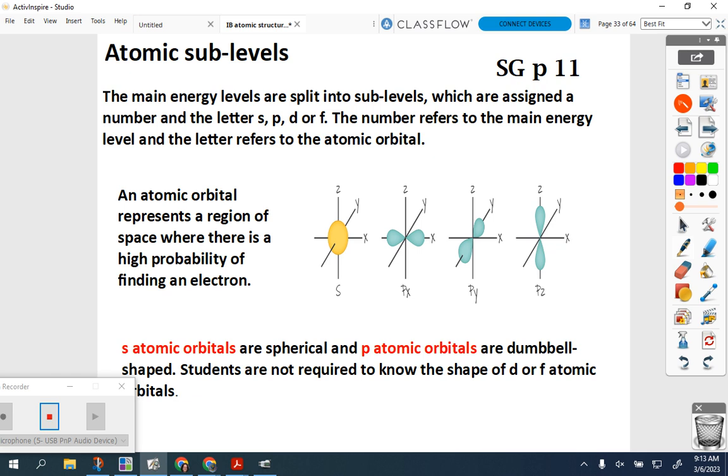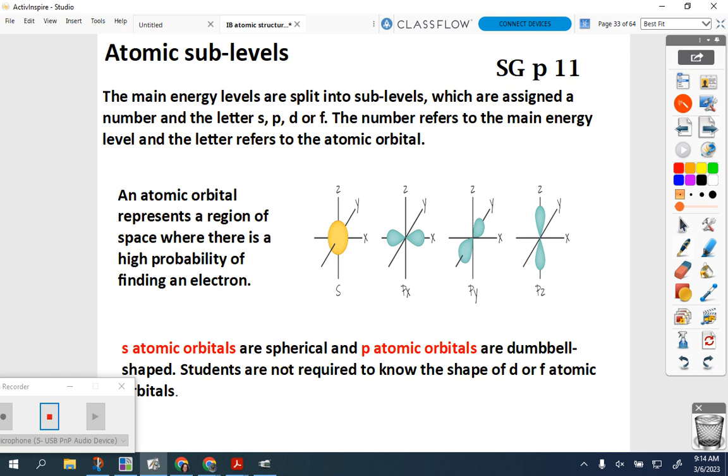The letters are S, P, D, and F, and those letters indicate something about the shape of the orbital and the position of the orbital. The S orbital is a sphere. It's the closest that the electrons in that energy level can get to the nucleus. So that's the lazy boy of that energy level, okay? That's going to be the lowest energy.